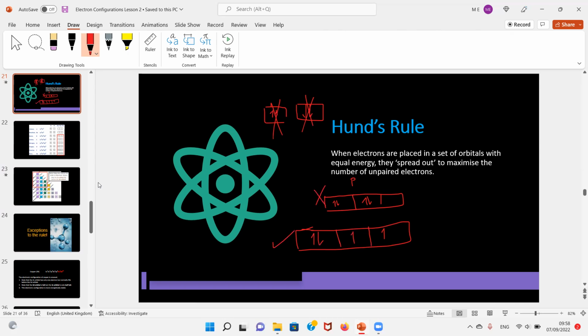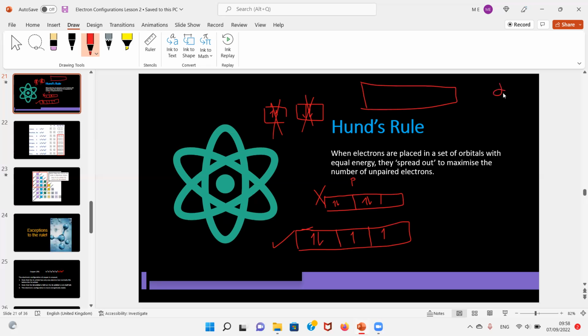And then the other one is the Pauli exclusion principle, where it says that there are no 2 electrons in the same orbital with the same spin. That means spin up or spin down. And finally, Hund's rule, where you have to distribute the electrons as unpaired electrons and then pair them up.